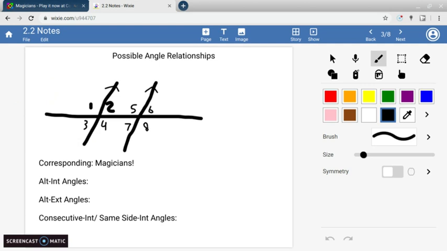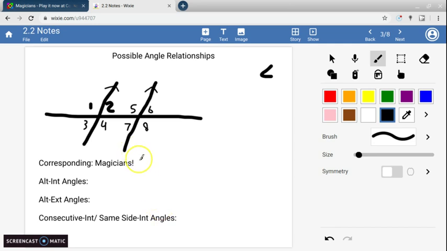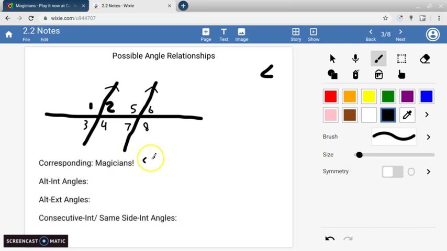So which ones are corresponding? First of all, let's keep in mind that this symbol means angle. One example is angle 1 and angle 5.